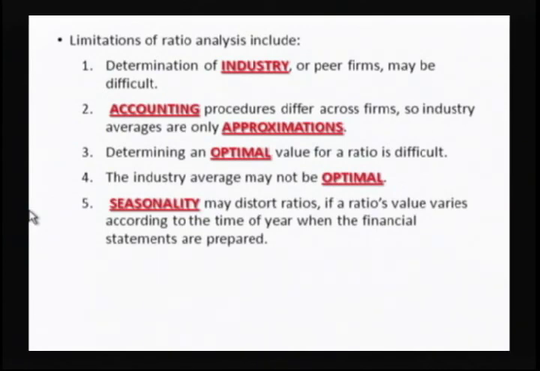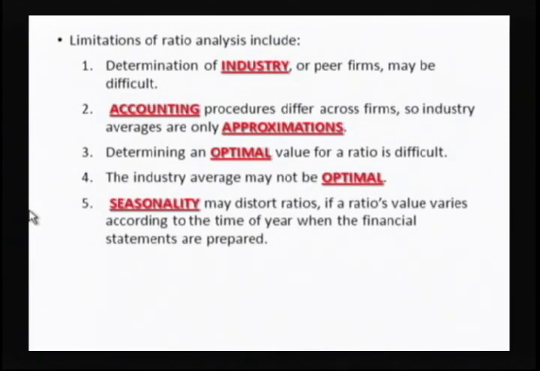Seasonality can be a problem, especially if a firm's ratios come partly from the income statement and partly from the balance sheet. The income statement item might cover the entire year, but the balance sheet would be as of the balance sheet date.